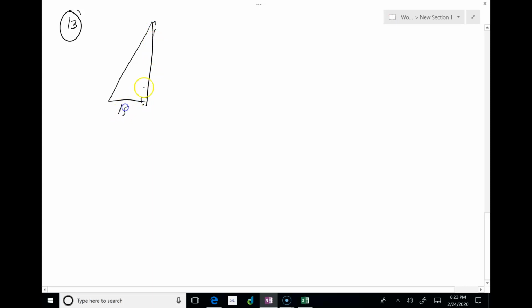One is 15, 20, 25. The other one is x, y, and 10. It says find the unknown side length in this pair of similar triangles.